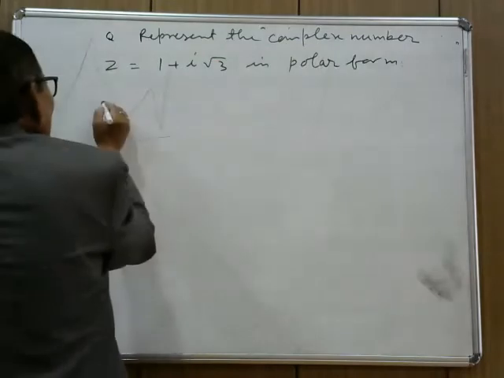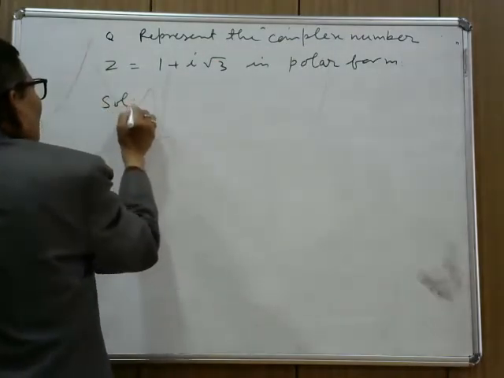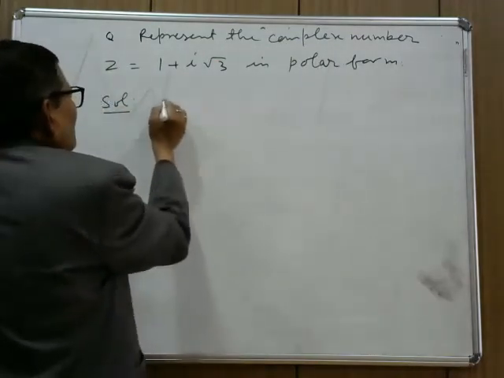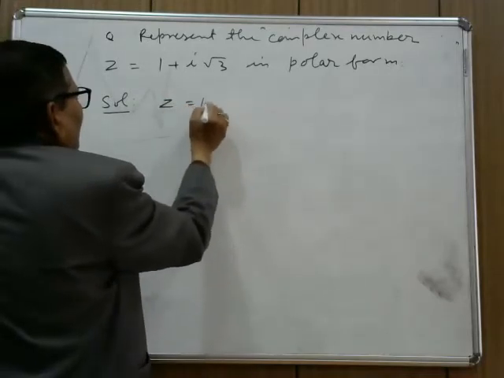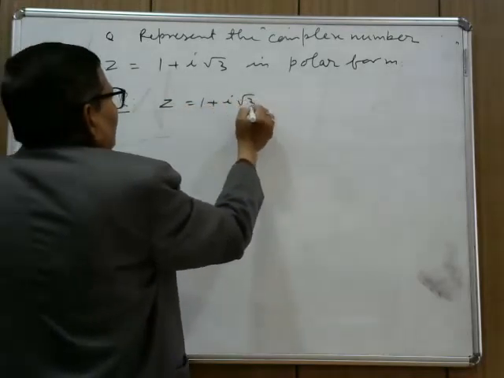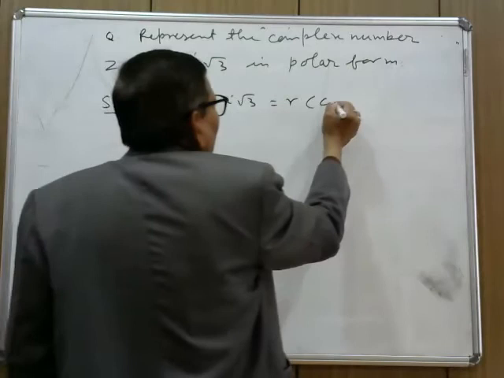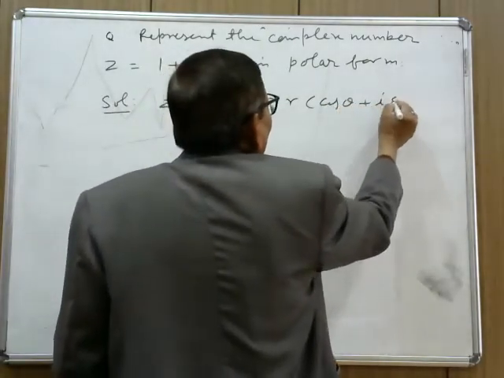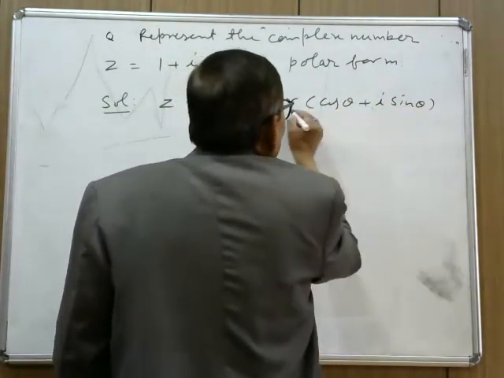You have seen that the polar form of a complex number is taken as r times cos theta plus i sin theta. This is the polar form.